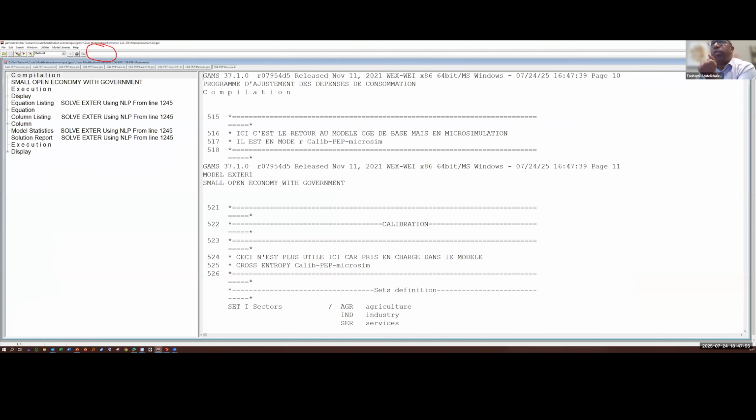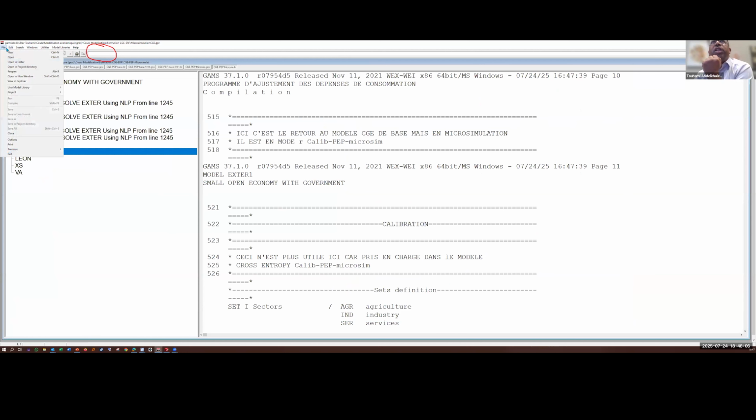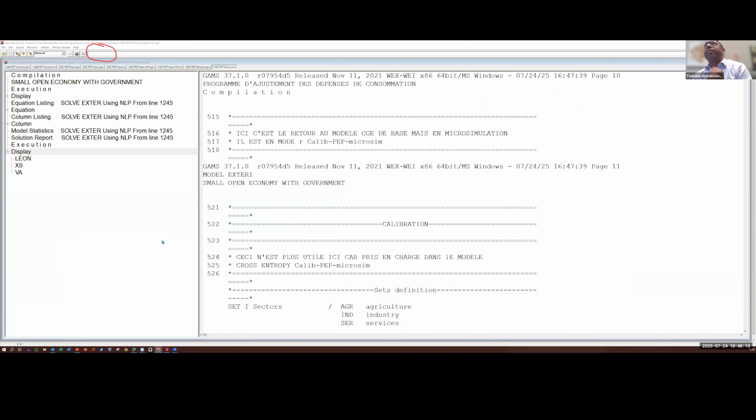I can see the situation for all variables I want to look for, and I do it in a GDX file. So I have to open the GDX file. Its results are here.